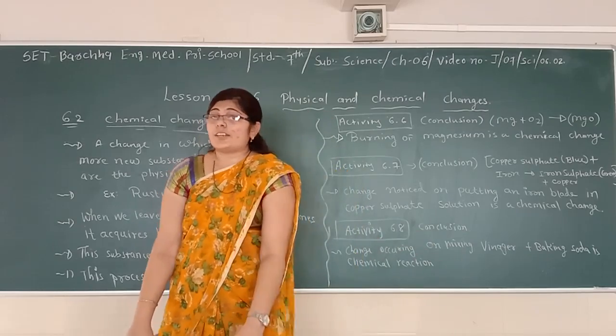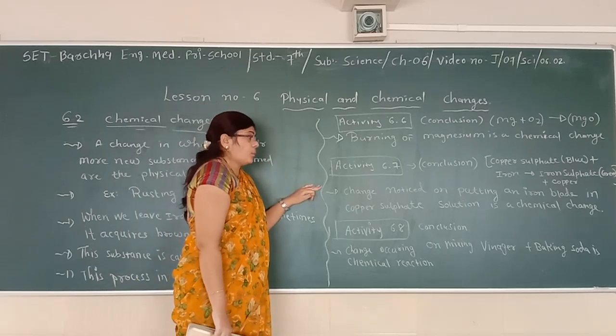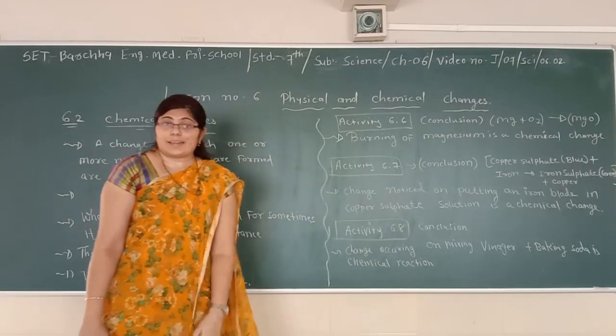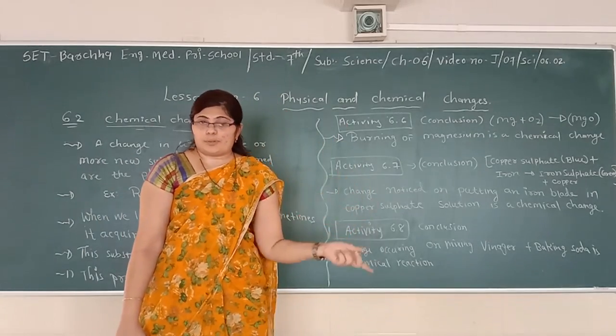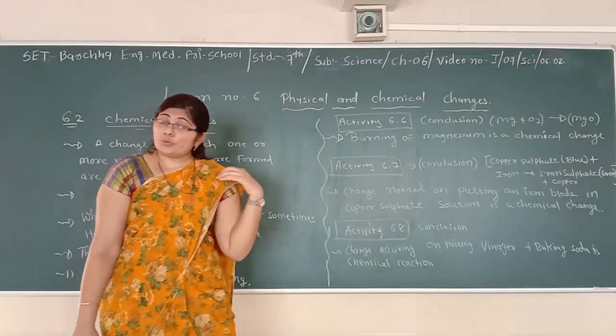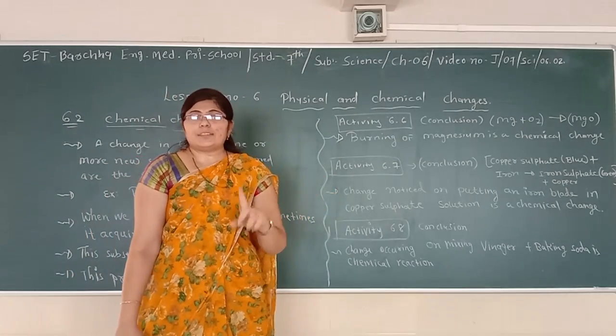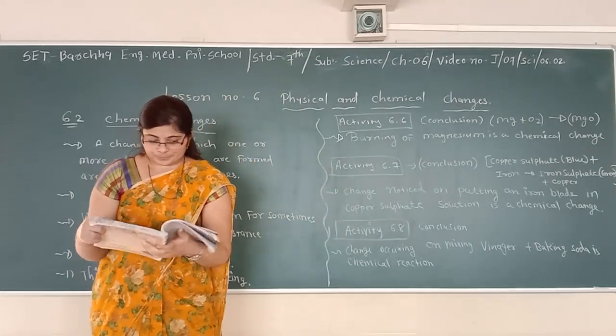Why is it a chemical reaction? Because it produces a new substance. So from all these activities, one thing you know is that after mixing two substances, a new substance is formed. It means that when you add two substances together and a new substance is formed, the reaction is a chemical reaction.